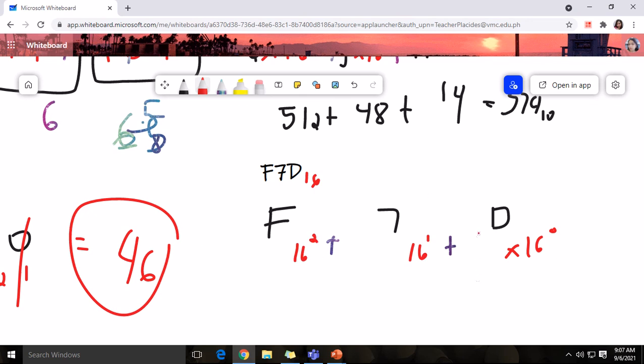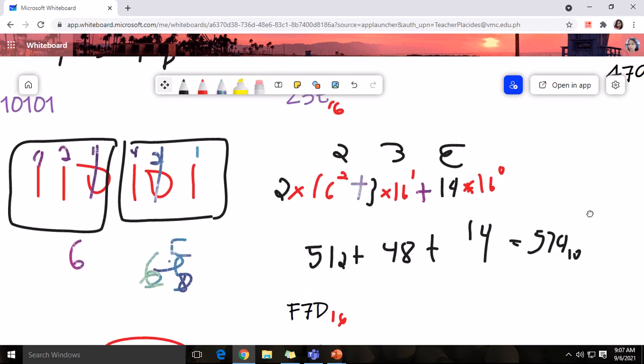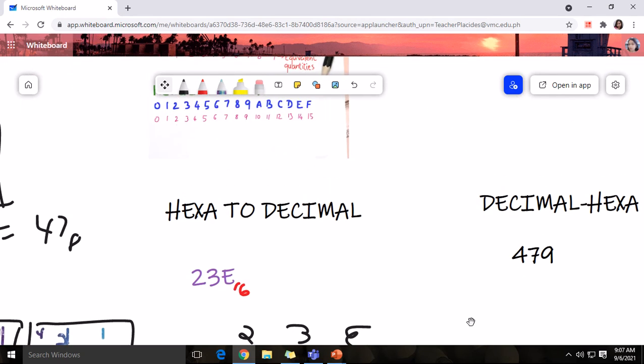D is equivalent to 13, and F is 15. Don't forget that: 15 and 13.